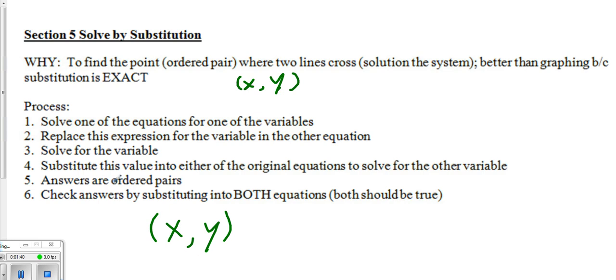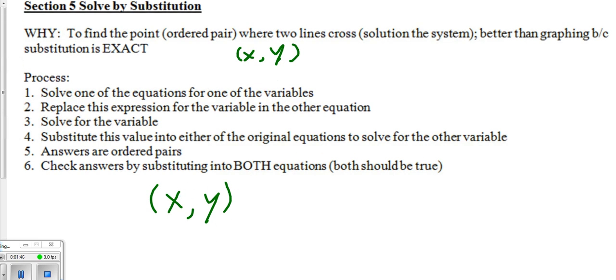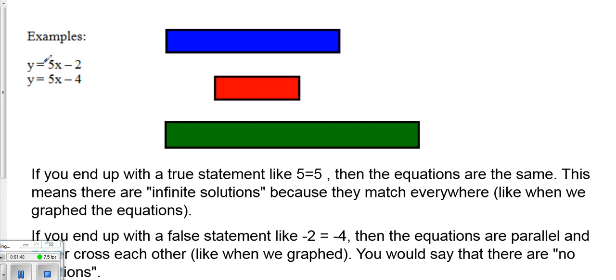Now you can check your answers by substituting the x and y value into both of the equations, and both of them should come out true. So let's see how this works. If we've got two equations, our system says y equals 5x minus 2 and y equals 5x minus 4. Now notice that both of these equations already have y alone. So I would just replace this 5x minus 2 everywhere I see a y.